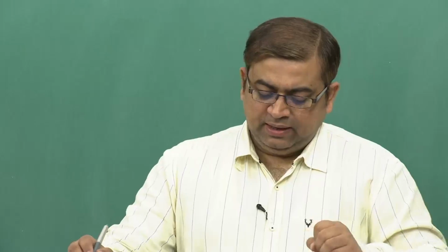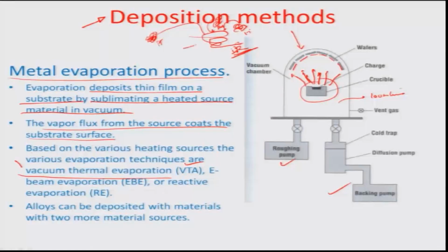The source could be changed from a wafer boat or a wire boat, as you are seeing here, to a beam of electrons. If there is an e-beam heating the crucible containing pellets of material, then we call that the e-beam evaporation process, or sometimes you can have a reactive evaporation process. These are different variants of the vacuum thermal deposition process of metals.